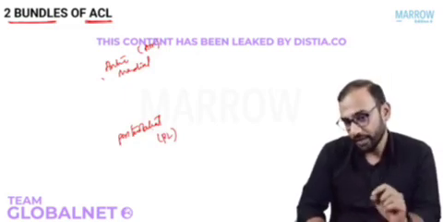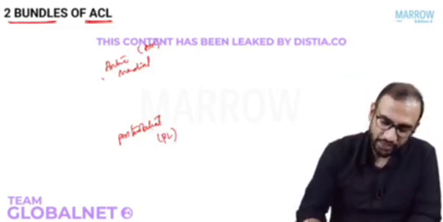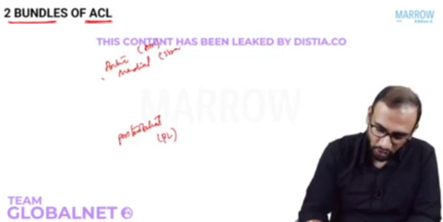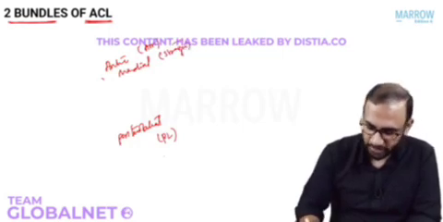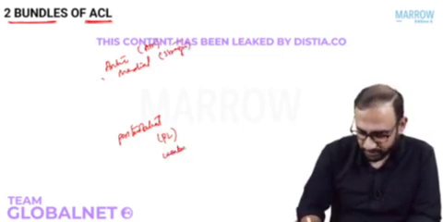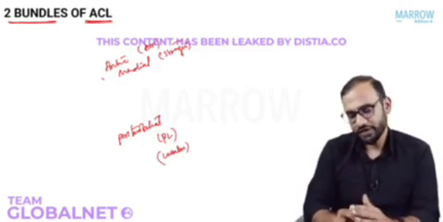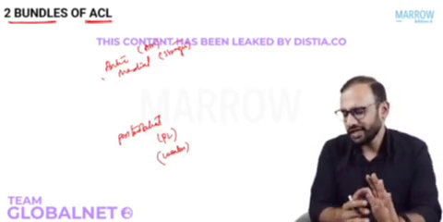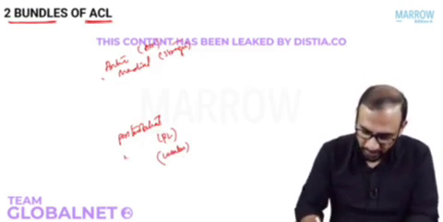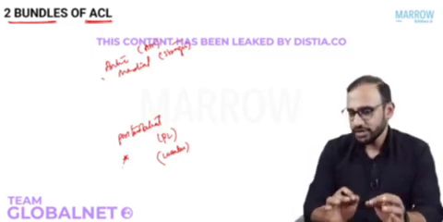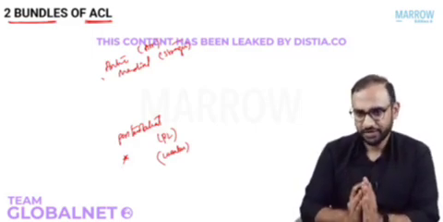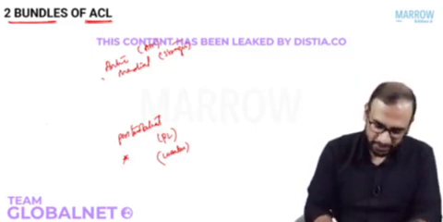Please understand that anteromedial bundle is stronger. Posterolateral bundle is weaker. So whenever there is an ACL injury, which one will get injured more likely? Posterolateral bundle will get injured more likely because it is weaker.